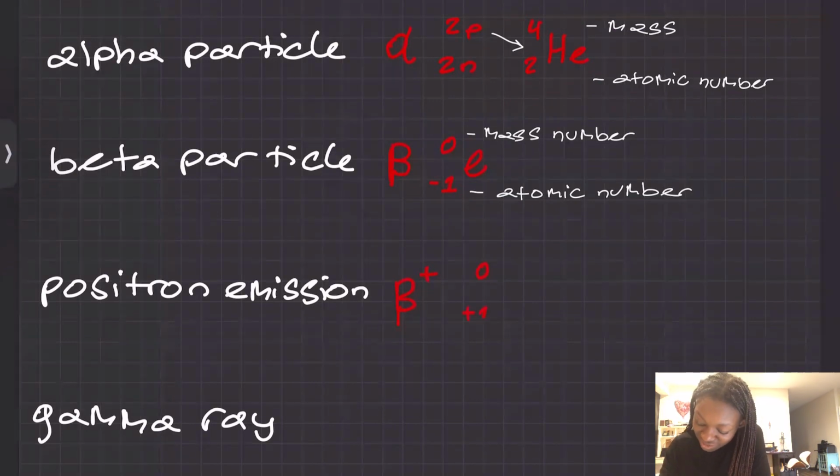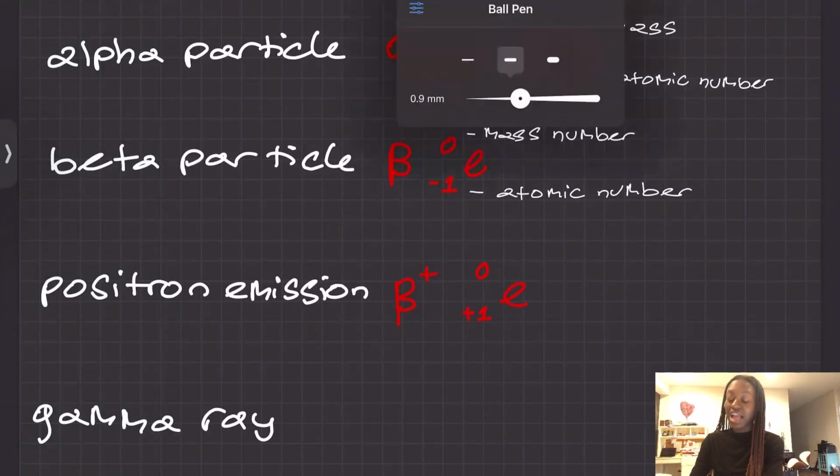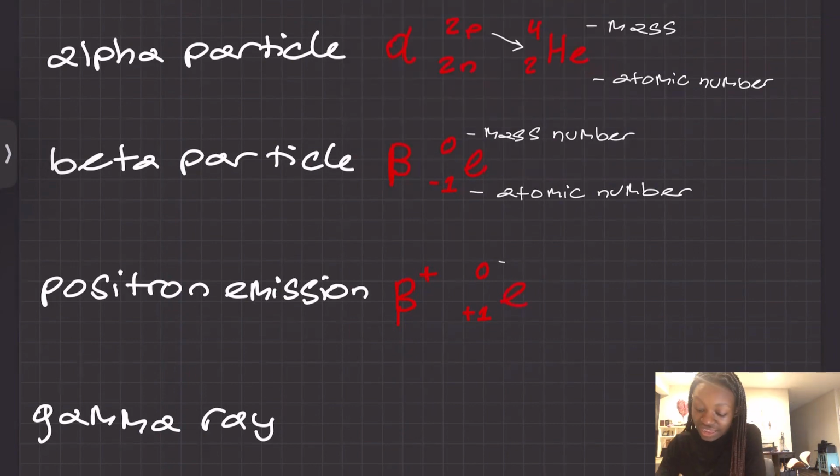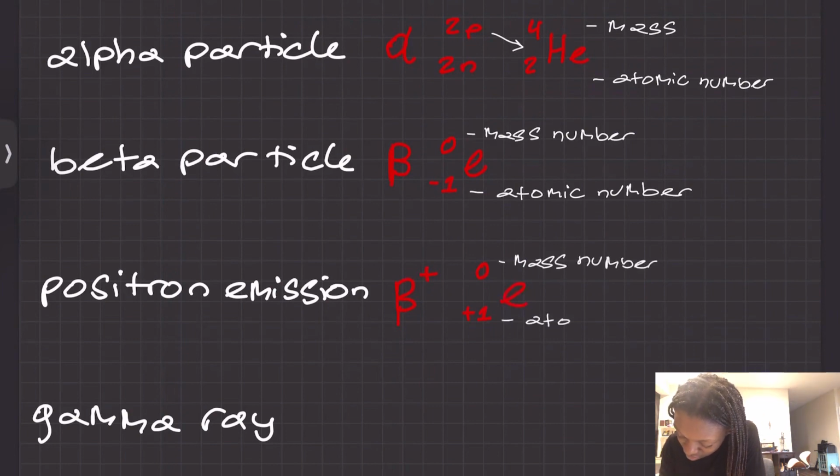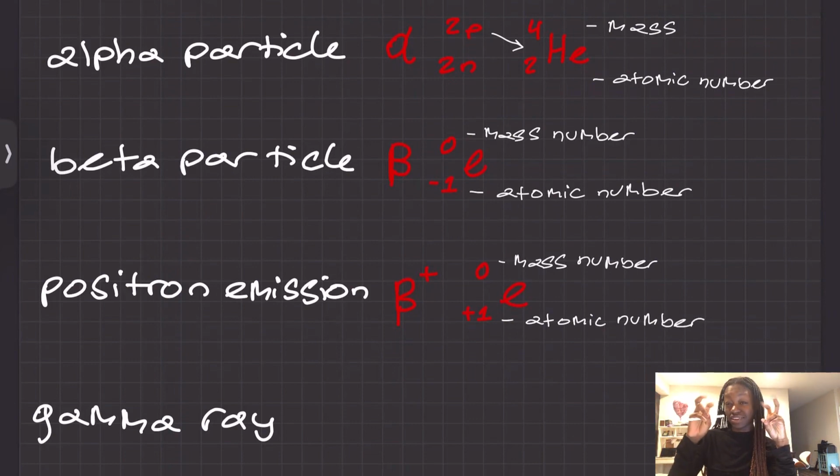It's the antiparticle because it's got a charge of +1, where the beta particle has a charge of -1. It also has no mass, but its atomic number is +1. So it's got a positive charge, and it can be represented using beta plus. So it's like positive beta. That's one way to think about it.